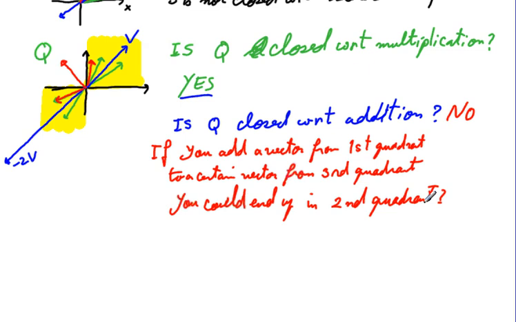You don't have to, but it's possible for that to happen. And since that's a possibility, we say the answer is no. It's not definite that it will be closed.